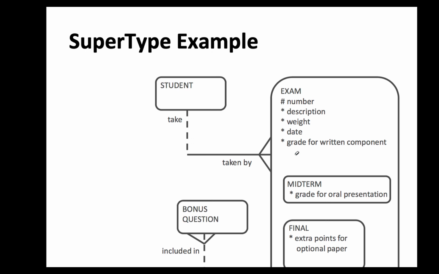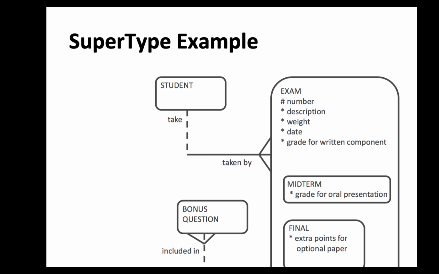So it means that midterm, final, and quiz would also have a relationship with student as well. All attributes of the supertype would definitely be part of the other subtypes as well, so these attributes would be part of midterm, final exam, and similarly quiz, okay?